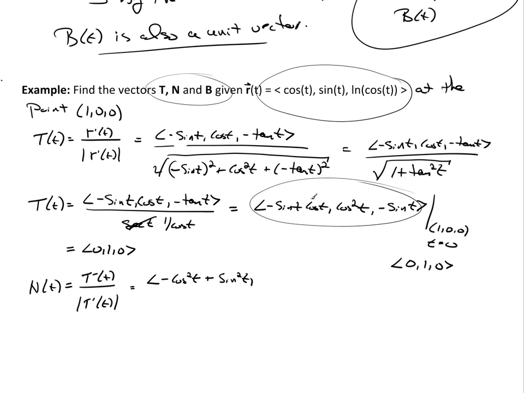That's my first component. The derivative of cosine squared is going to be 2 times cosine t times the derivative of cosine, which is negative sine, so it's negative sine t. And this last component is the derivative of negative sine t, which is negative cosine t.